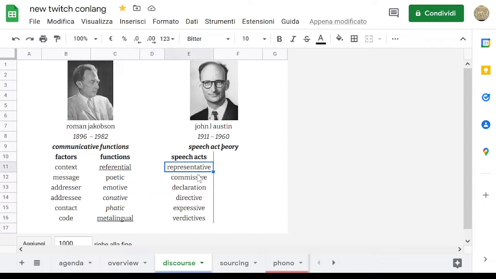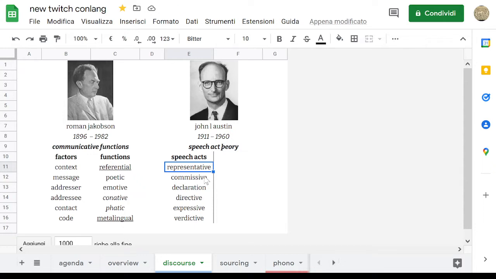This is a different framework. So, Austin separated these speech acts into representative, commissive, declaration, directive, expressive, and verdictive. Oh, this one's still plural. I wanted them all to be singular. Okay, so I'm just going to briefly explain what these are.